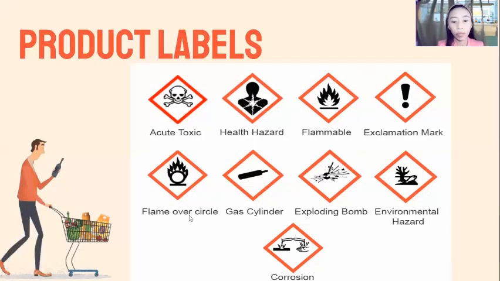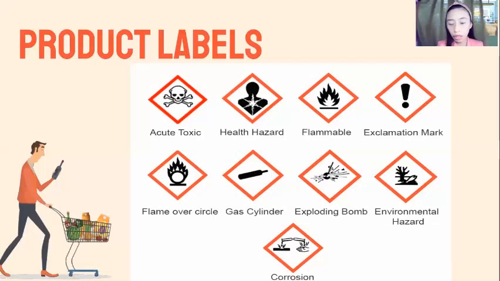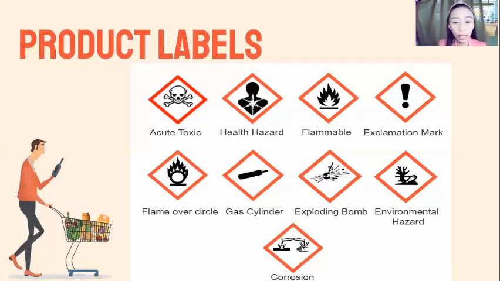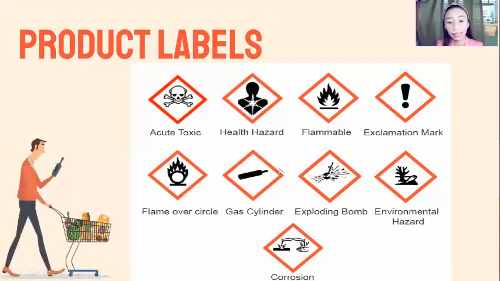Flame over circle actually means that it may also contribute to the occurrence of fire. Gas cylinder, you will often encounter these signs on a container of gas, for example, the gas tank that we usually use in cooking.